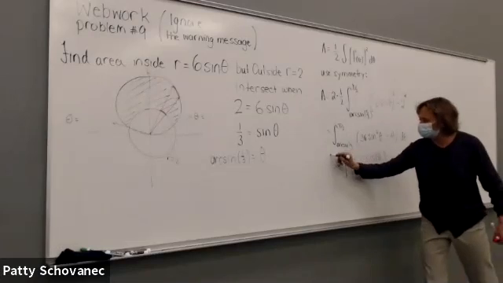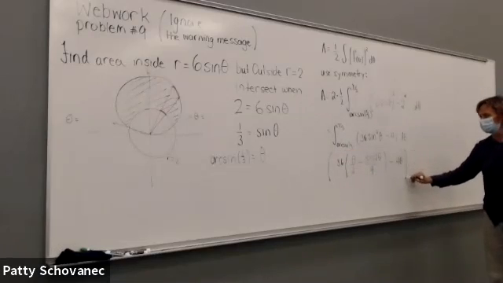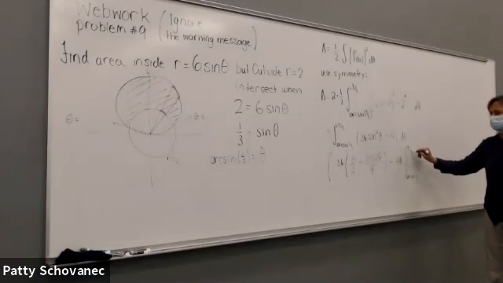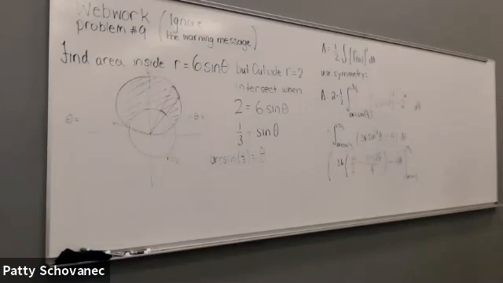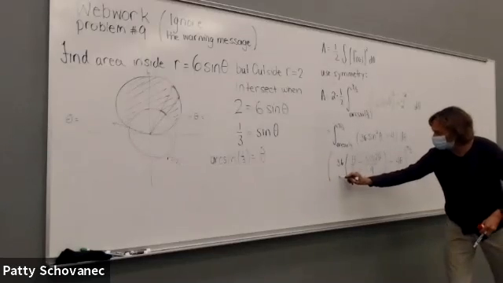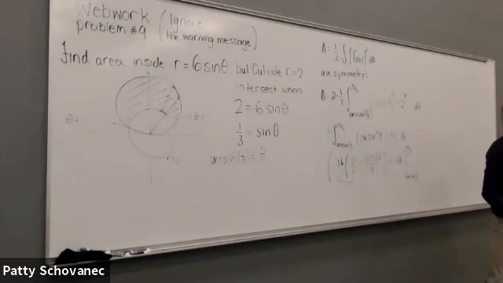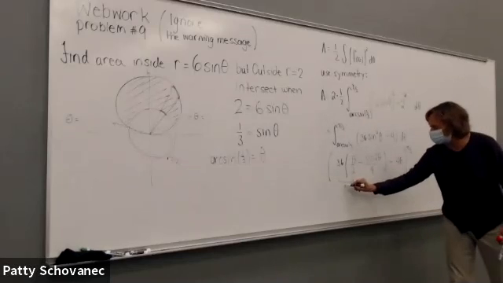Then I'm going to put those two numbers in here. If I distribute the 36, I don't have to carry so many numbers around. So I'm going to go ahead and distribute the 36 and combine my thetas. This 36 times theta over 2 gives me 18 theta.